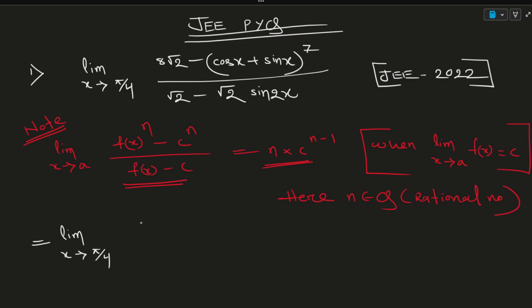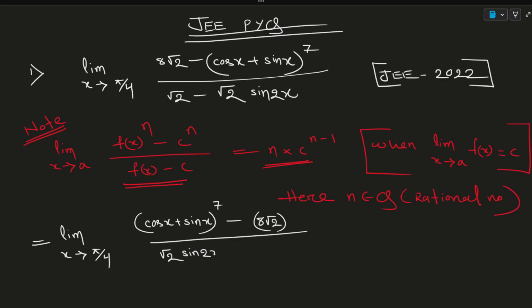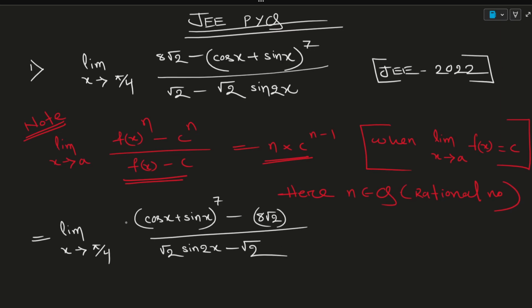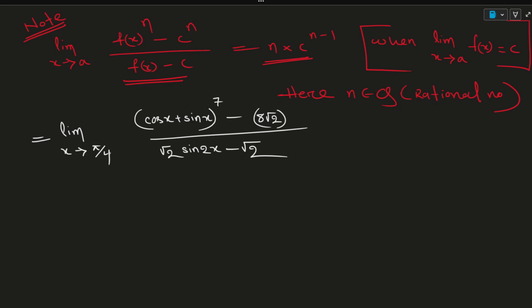I'm just multiplying minus 1 in the numerator and denominator, so it will be... Now when x tends to pi by 4, it will convert to root 2.